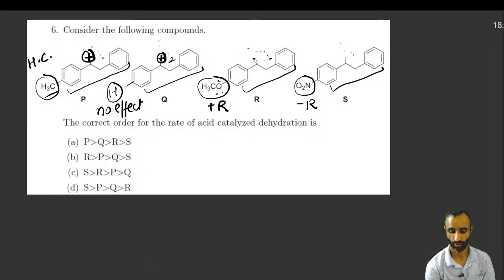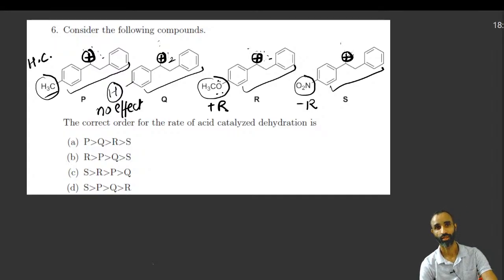So we will only see the stability of carbocation, because in acid catalyzed dehydration, stability of carbocation is the rate determining step.